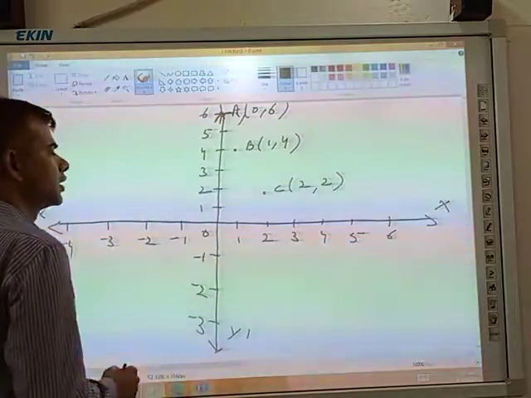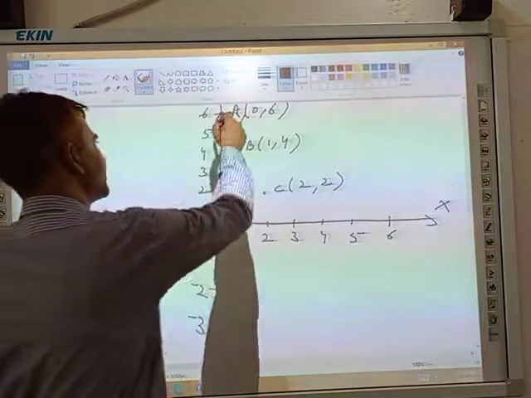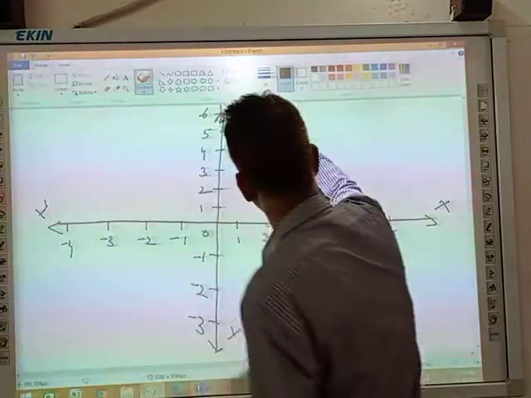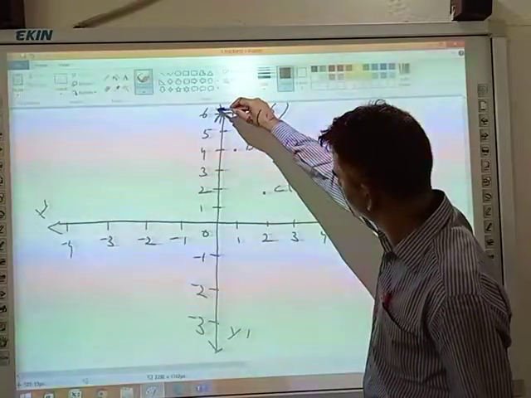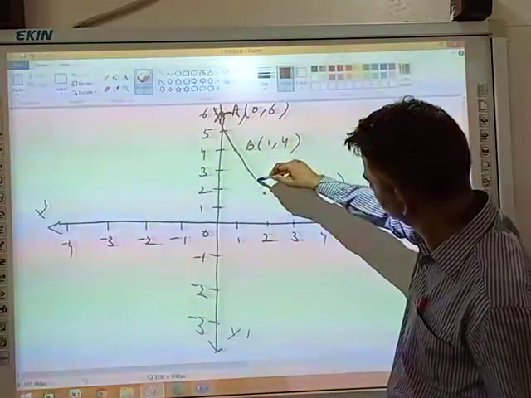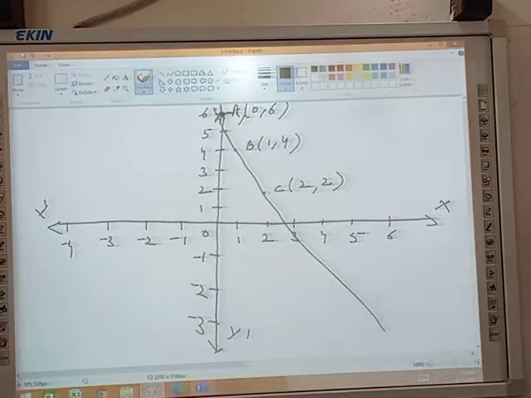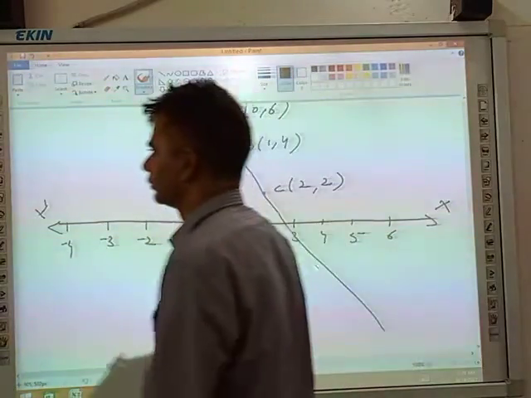Students, join these points. You will obtain a straight line. We need a straight line graph.